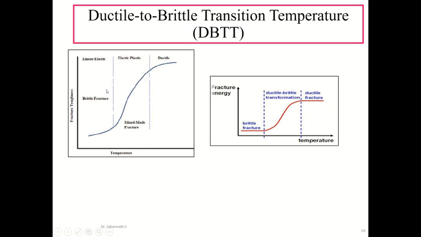The material will undergo a brittle fracture at lower temperatures, and there will be linear elastic deformation in the material. So brittle fracture has linear elastic deformation, the transition region is elastic plastic, and there is ductile fracture at high temperatures.